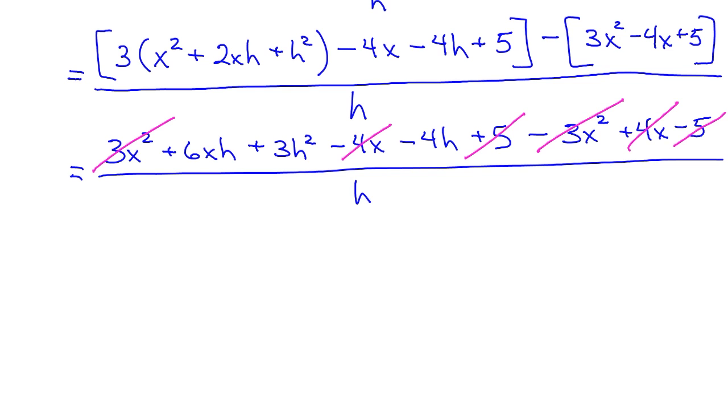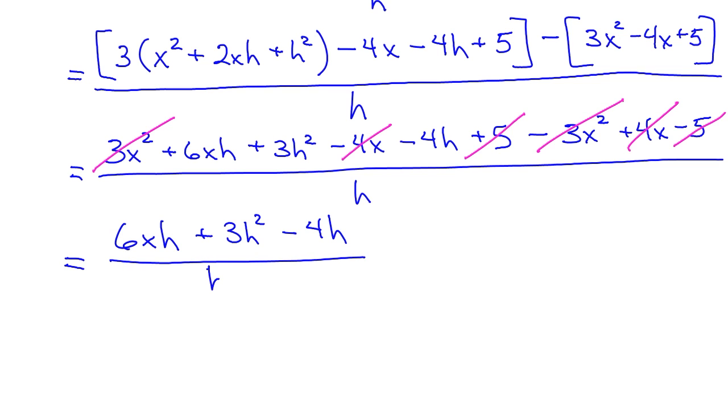That's because if you do the difference quotient correctly, each of the elements from the f of x on the right side should cancel with pieces from the interior. Let's rewrite what we have left. 6xh plus 3h squared minus 4h over h.